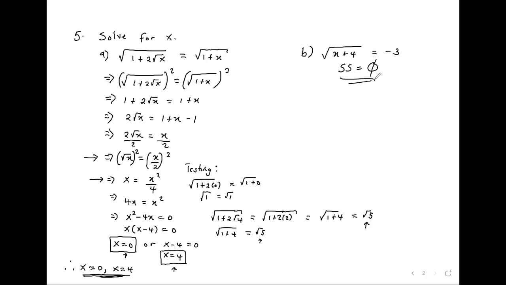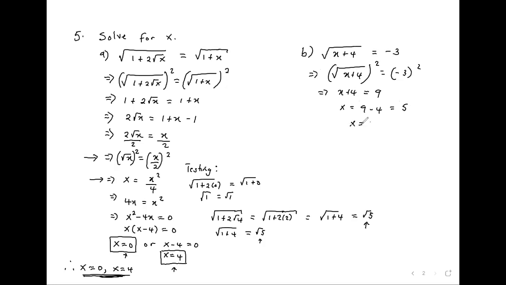Because look, let's solve this and see what will happen. You square, we have x plus 4 is equal to -3. We square here, we square there. We'll get x plus 4 is equal to 9. And then what will happen? We'll have x is equal to 9 minus 4, which is equal to 5.